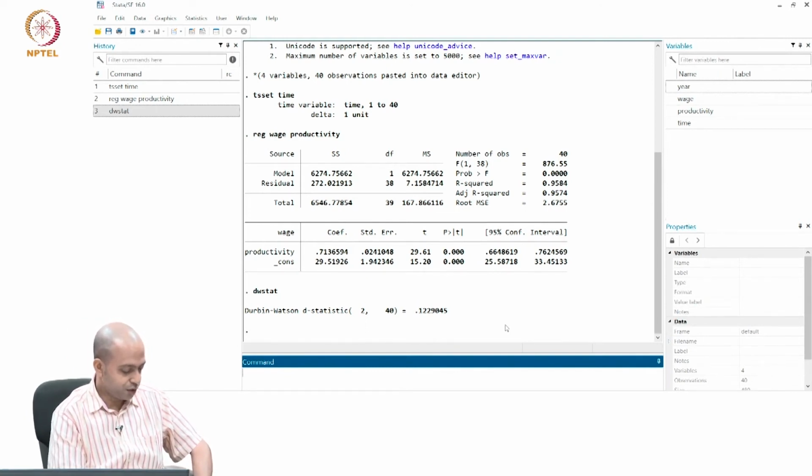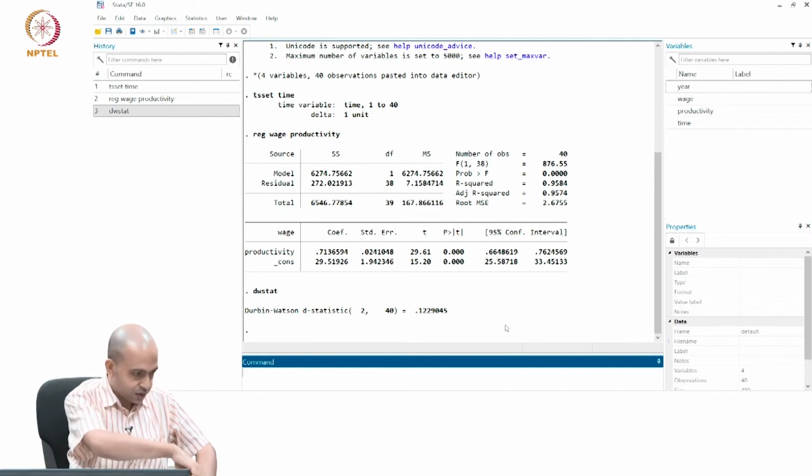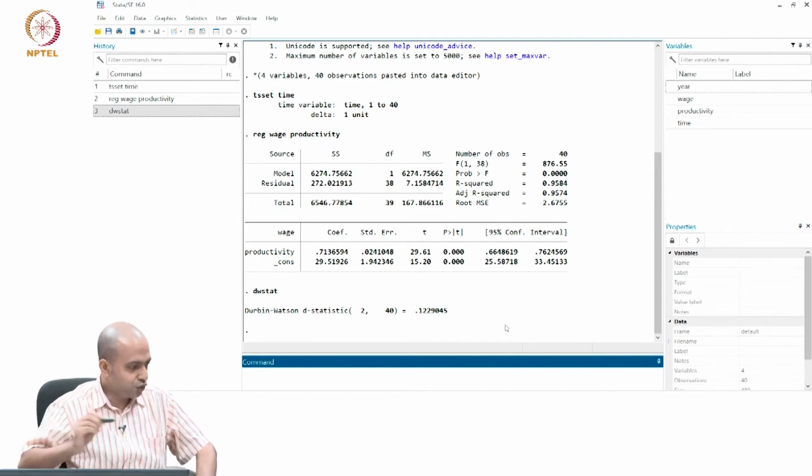Unless you go to the table, you won't be able to understand. So when the number of observations is 40, you have the calculated value.